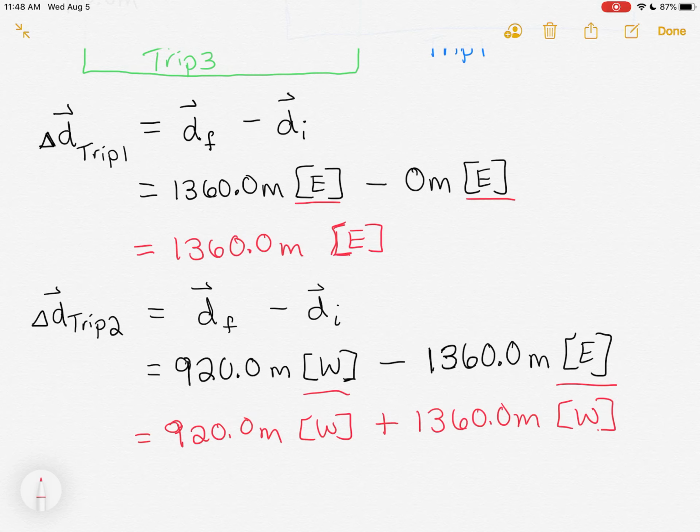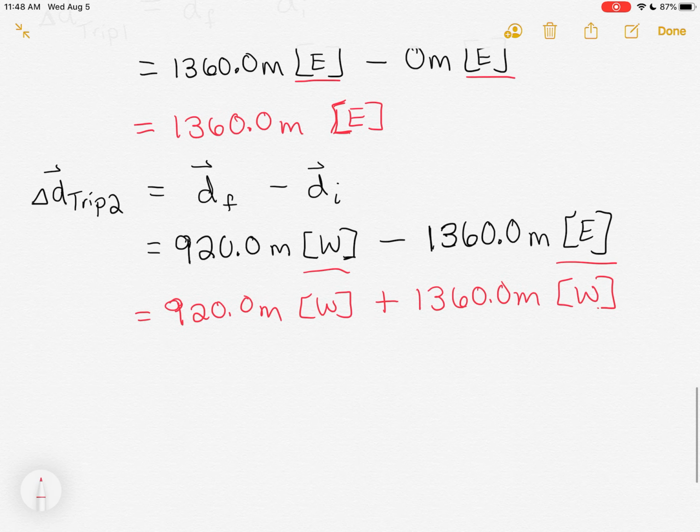Okay, and so the idea is whenever we want to flip the direction of a vector, we can do that as long as we flip the sign of its magnitude. Okay, and so then we can add these two together. Now we're adding instead of subtracting. Okay, but we're adding them together because they have the same direction now. And so that's going to give us a total of 2280.0 meters to the west. Okay, so in trip number 2, we were displaced 2,280 meters, only we're displaced to the west.